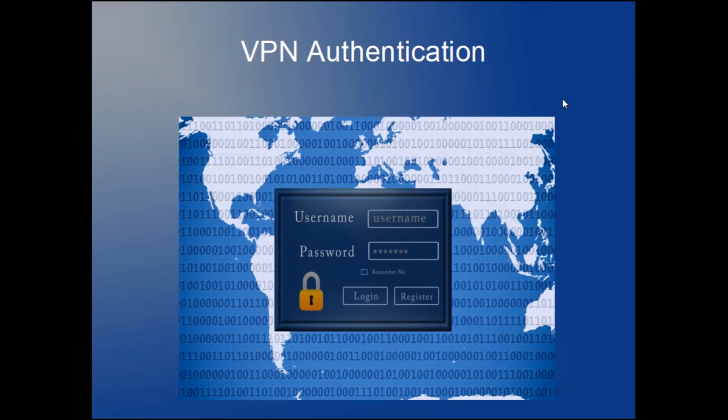However, there's a little bit more to it, right? You come to this screen and it says username and password, and you have your normal username and password that you use for your normal computer, the computer that you go to work on. You go to work, you log in with your login and password, and that's fine. However, VPN is different. It's going to have a little bit more to it.